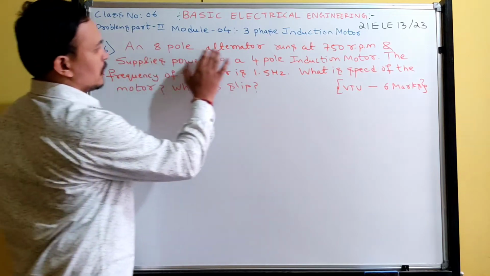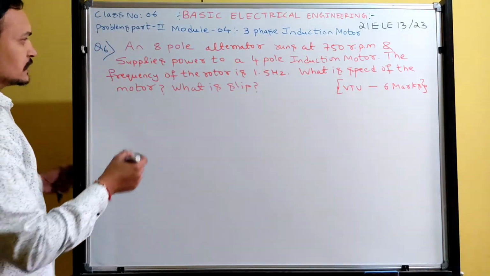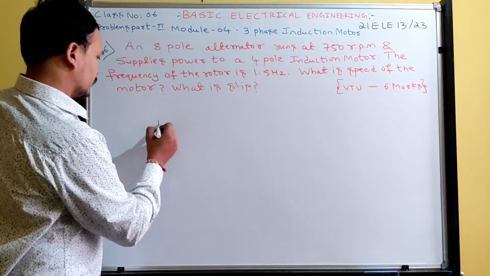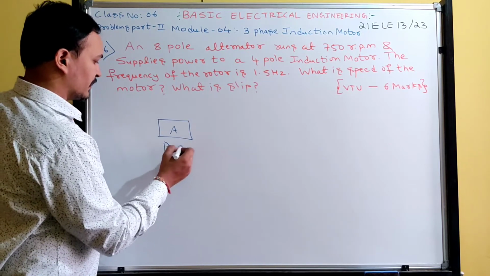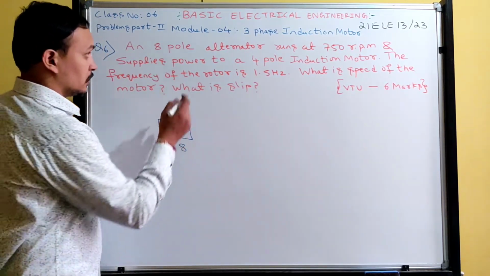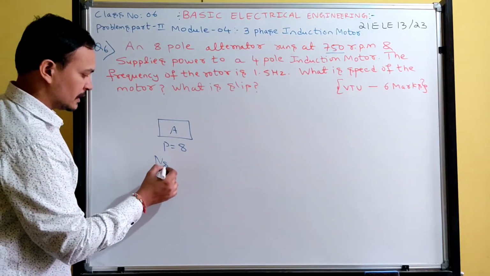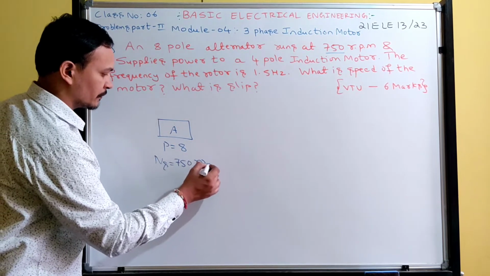An 8-pole alternator runs at 750 rpm. Again this question is an alternator and induction motor combination. They have given an alternator with 8 poles, and its speed ns is 750 rpm.